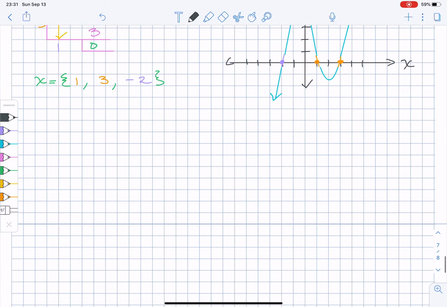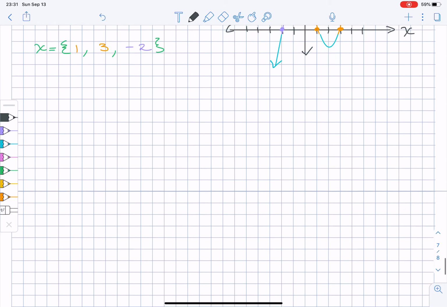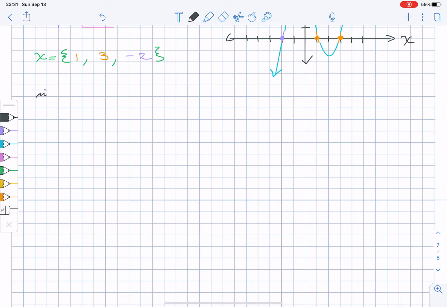Okay, so number 2, do I have enough room? No, I think, well, I'll start here. So number 2. So we have that f of x is equal to x to the 4th, so that's parabolic, plus 2x cubed minus 12x squared plus 14x minus 5.